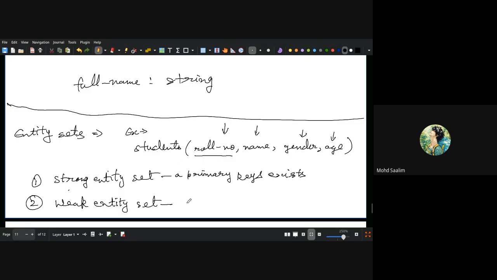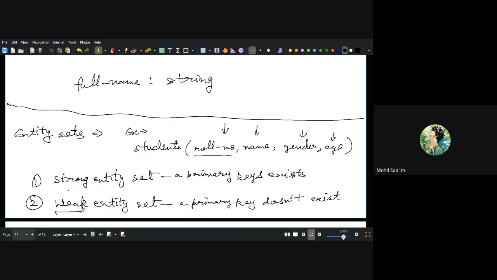And when a primary key doesn't exist for your entity set, then your entity set is weak. The definition is very simple. If a primary key exists for your entity set, then it is strong.